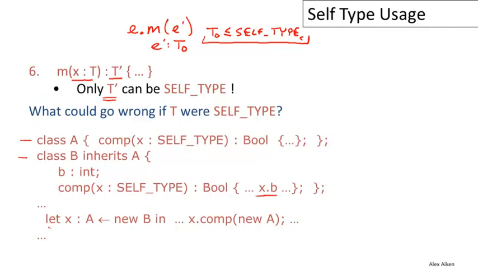Now let's take a look at what happens with a piece of code that uses these two classes. Here, x is going to be declared to be of type A, but we're going to assign it something of type B. Notice that there's a gap between the static type, which will be A, and the dynamic type, which will be B, and that's actually key to the problem.